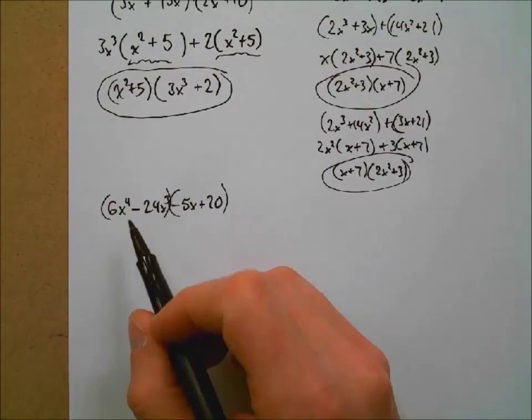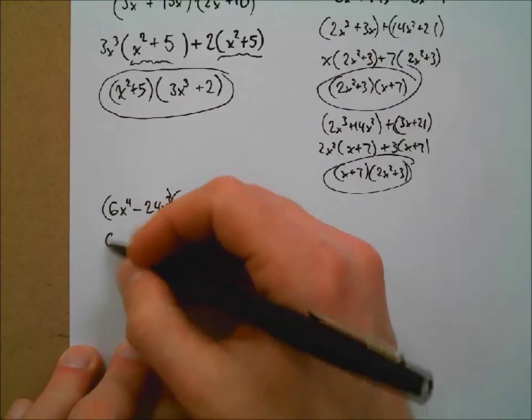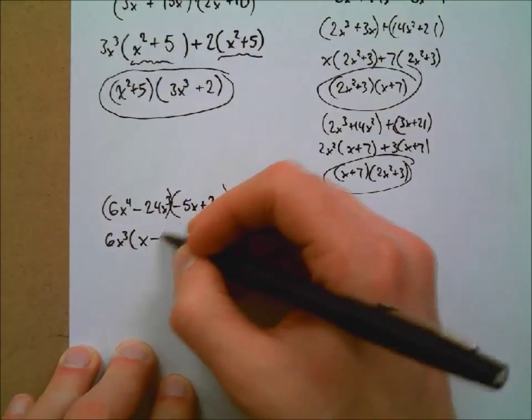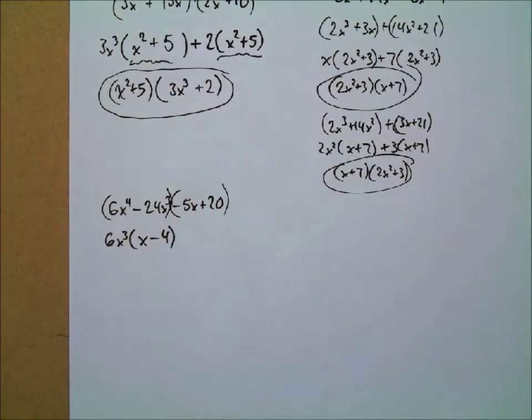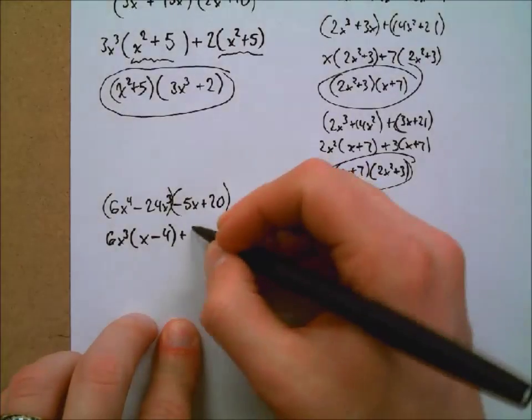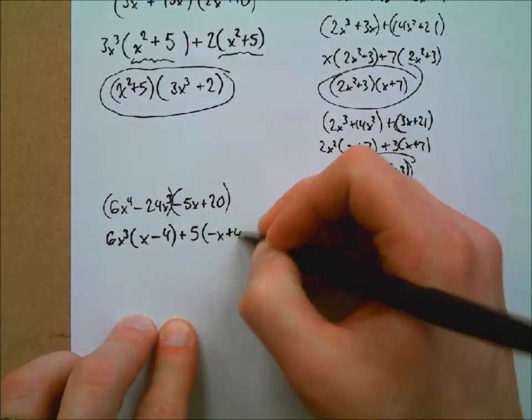Okay, yeah, 6 divides both of those, and x cubed would divide both the x terms there, exactly right. So 6x cubed, leaving behind an x and then a minus 4, right? Now, from the minus 5x plus 20, you might say, let's factor out a 5. And so we're left with a negative x plus 4.